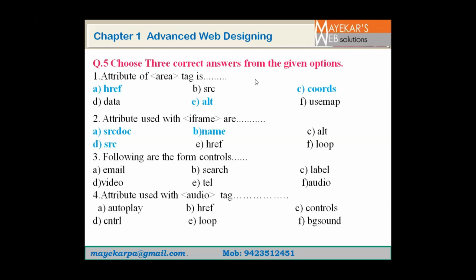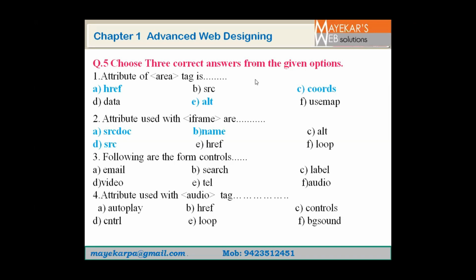Second is search. If you want to create a search box on your web page, then by using input type equal to search, you can create that search box. So search is the second right answer. Label, no, we can't create a label by using the input tag. Video, you can't create a video by using the input tag. Tel, yes, it is right.